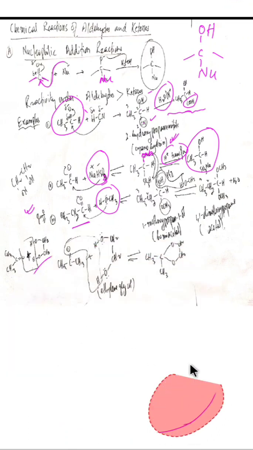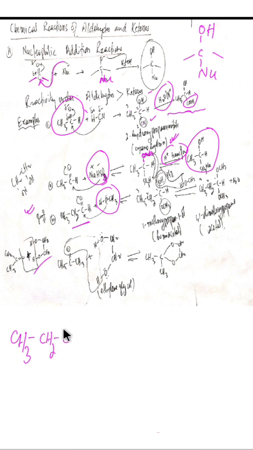Okay, because this is an important reaction, so let me write here. This is our C double bond OH. When this is reacted with methanol or ethanol, this will be our nucleophilic part.